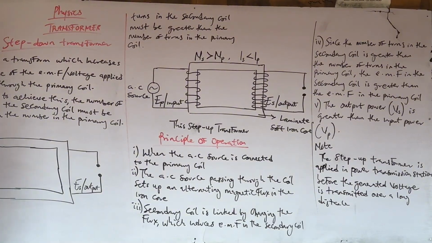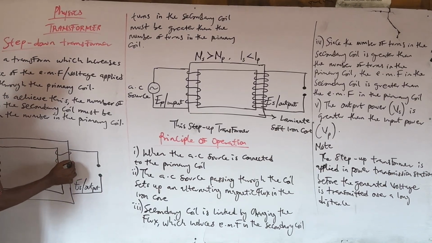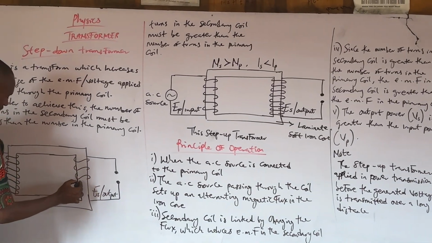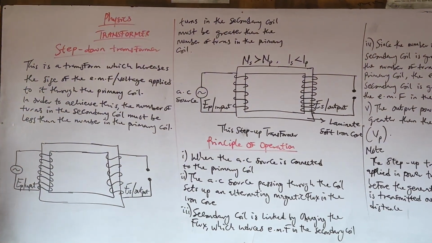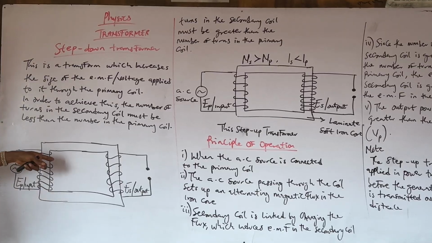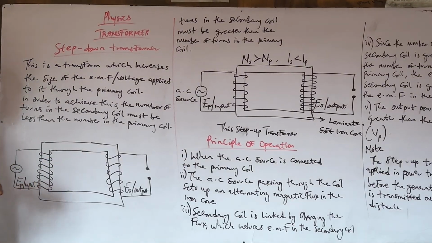Remember that the number of turns in the primary coil must be greater than the number of turns in the secondary.